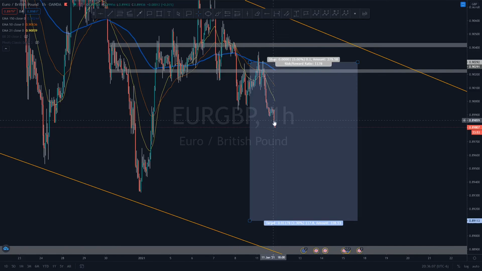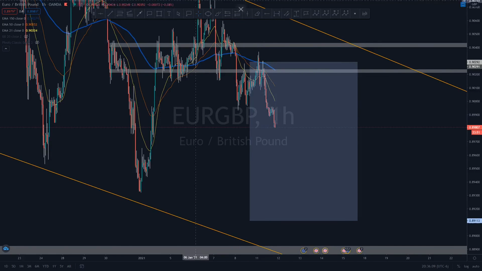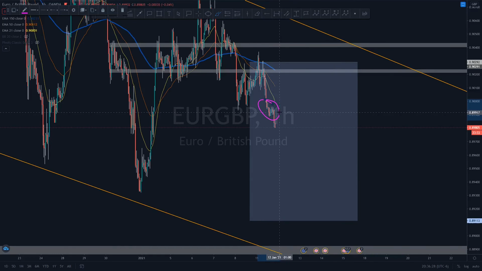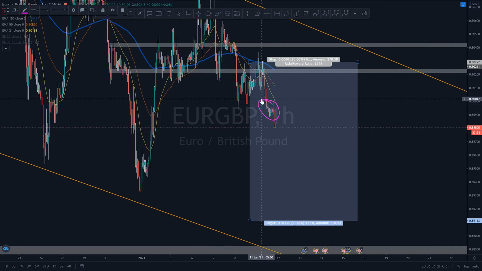Now, since it consolidated here, all right, boom. So now that it consolidated here and then dropped from that consolidation, now what I want to wait for is to see it maybe retest. You know what I'm saying? Maybe retest and respect the zone, and I might close out.